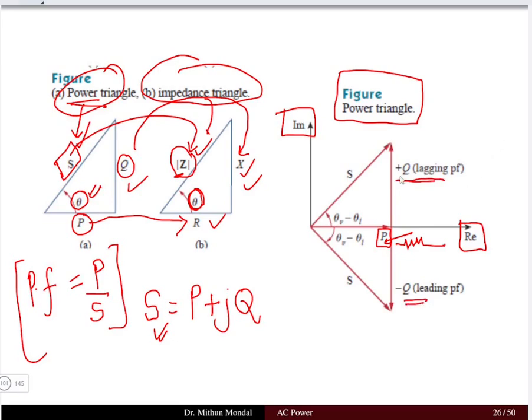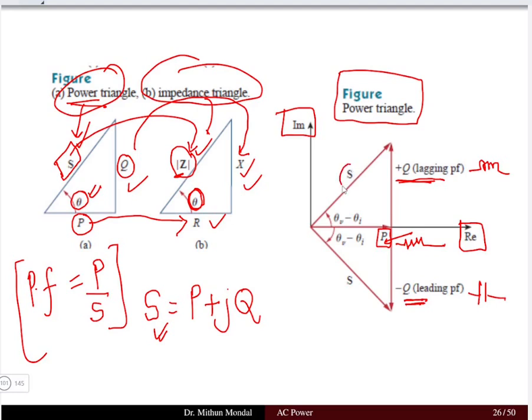We know that if Q is positive, it is lagging, and if Q is negative, it is leading. So this is dealing with the inductive load and the capacitive load: here you will have an inductor and here a capacitor.